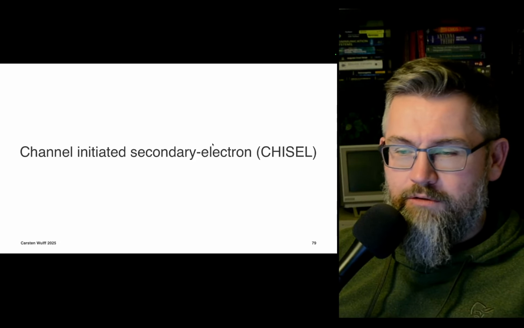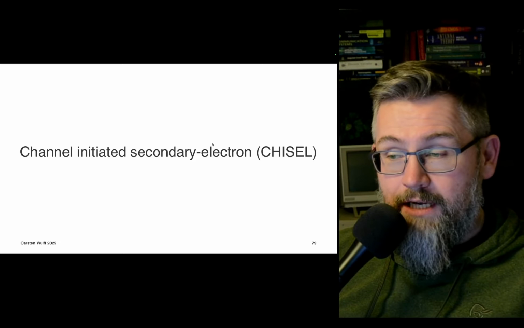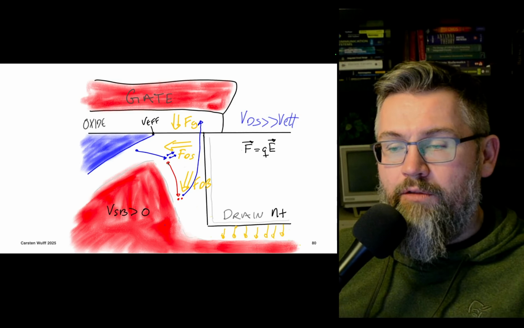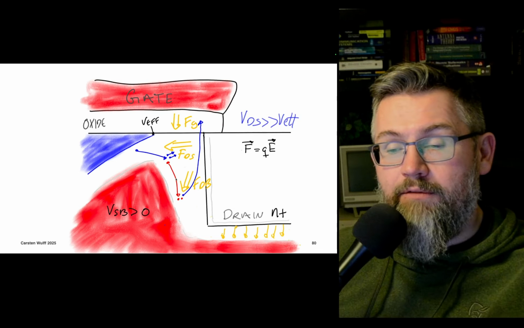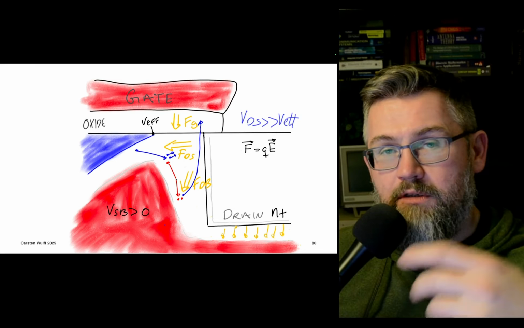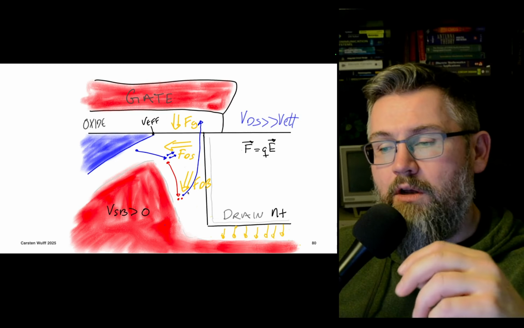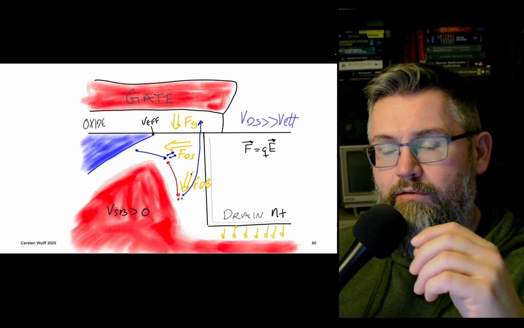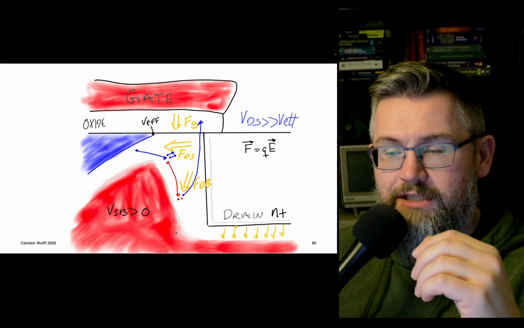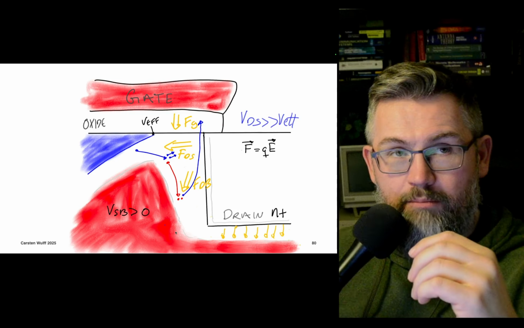And then there's also something called channel-initiated secondary electron injection, where you generate an electron-hole pair. In this case you have lifted the source quite high compared to the bulk, which usually happens in cascodes and similar circuits. There's a high electric field from this depletion region down to the bulk region.